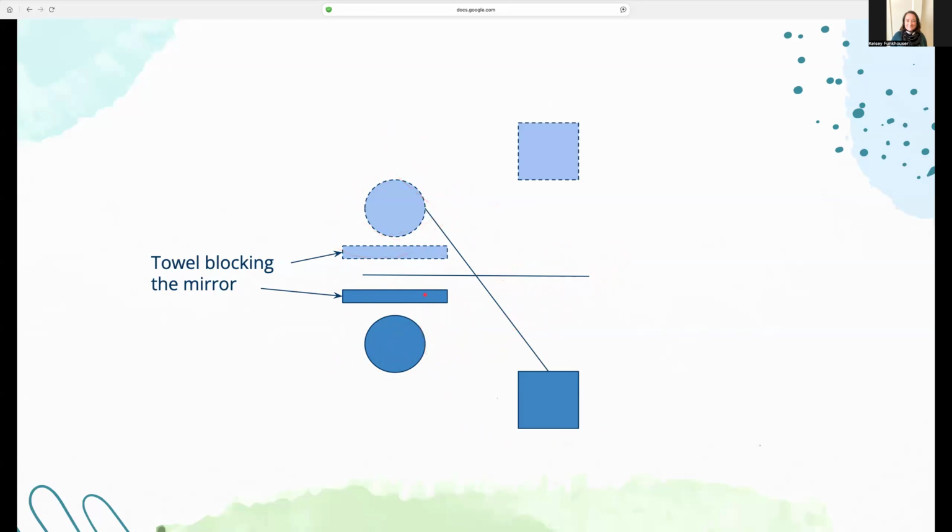A reflection that is believed to not be possible, but really is entirely possible, especially because the person seeing that reflection and recording it has an unobstructed view of the reflection, unlike the person holding up the towel. So anyway, next time you see that video or somebody's talking about it, you hopefully can explain that that is not how reflection works. And this is why. That's all I've got for you. Have a good day.